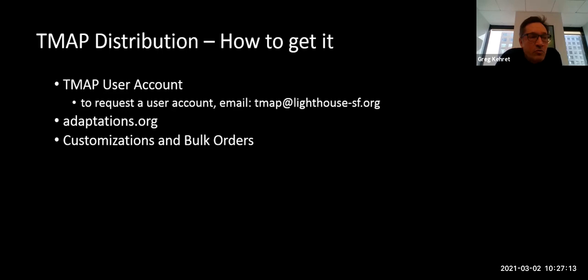For those of you who don't have the means of production, who don't have access to, let's say, a Tiger embosser or a swell machine, you can purchase Tmaps at adaptations.org. That's the Lighthouse's online store.